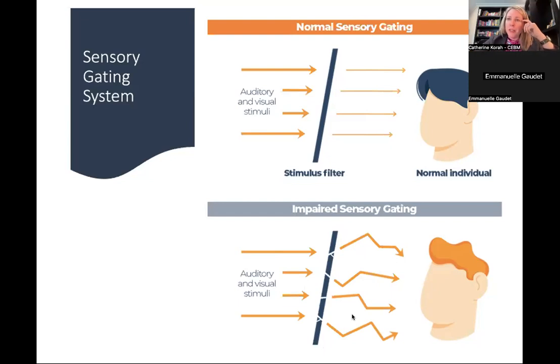So think about the autistic child or even the ADHD child who is trying to focus on something, and the student next to them is tapping their pencil and that's disturbing, or the lights on the ceiling are too bright and that is bothersome, and so forth. The sensory input is then unfiltered, and almost like a tsunami it comes and overloads the brain.